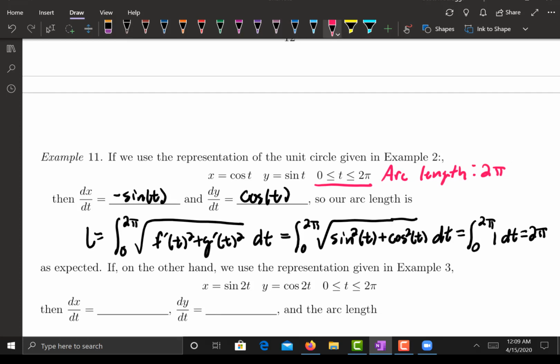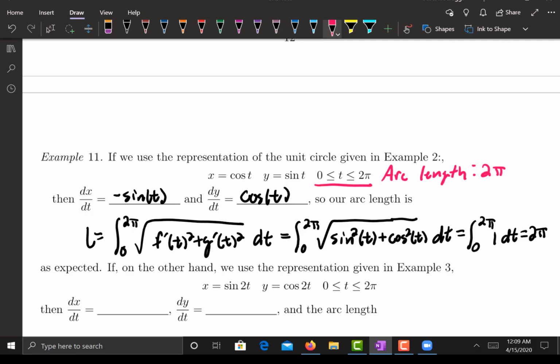Now let's go back to our sample 3, which is sort of like sample 2. The only difference is I multiplied my angle by 2. And so we talked about in the last video that what that corresponds to for my parametric equation is I'd done 2 full rotations about the unit circle.